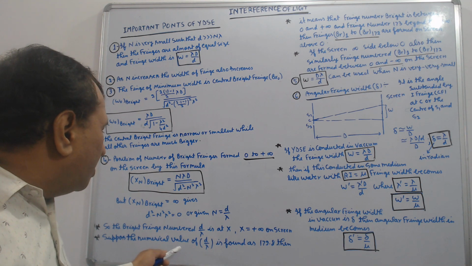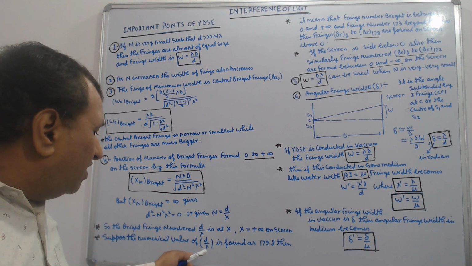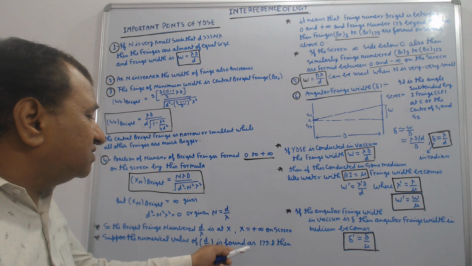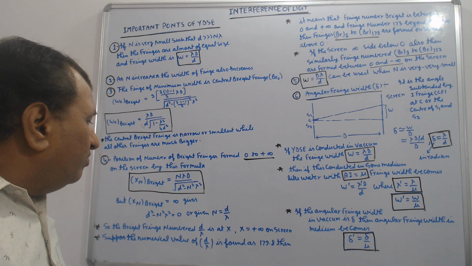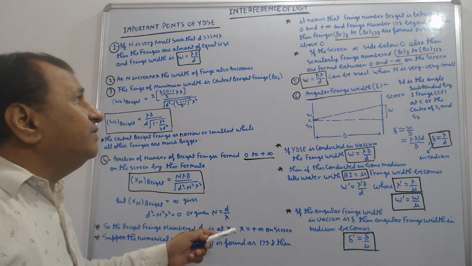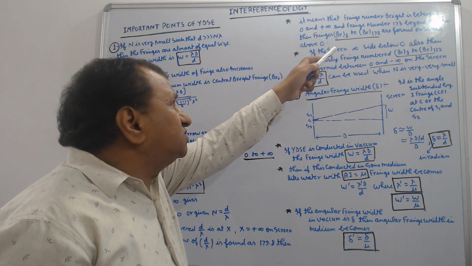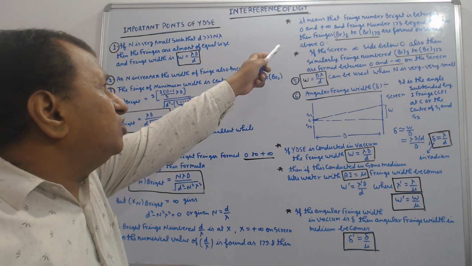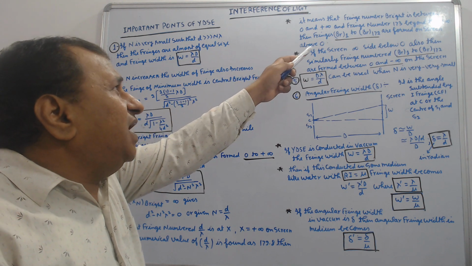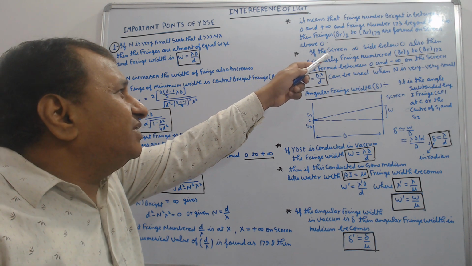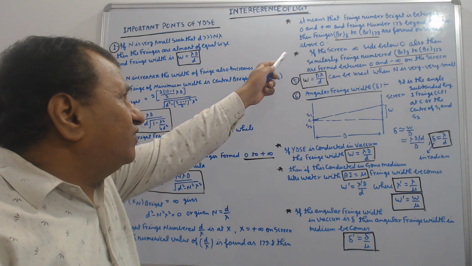Suppose the numerical value of d by lambda is found as 172.8, then it means that the fringe number bright is between 0 and plus infinity, and fringe number 173 is beyond plus infinity.